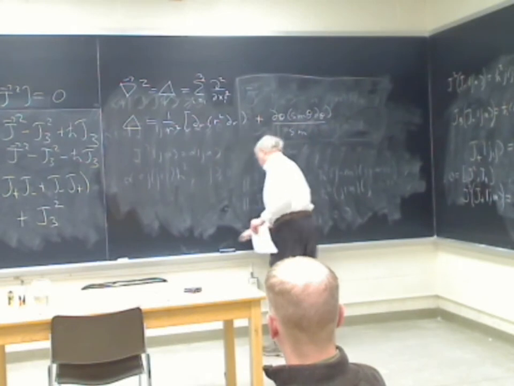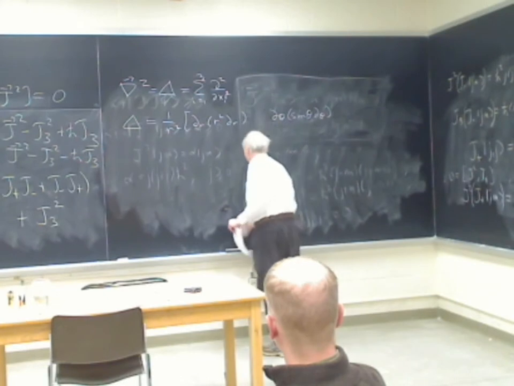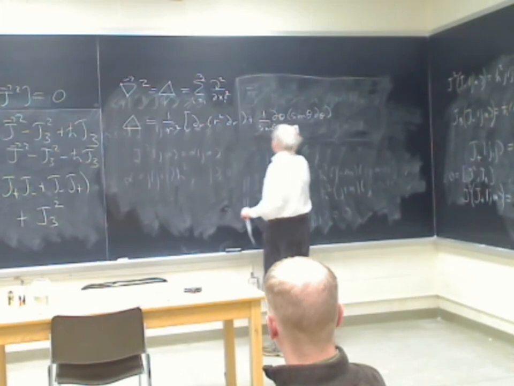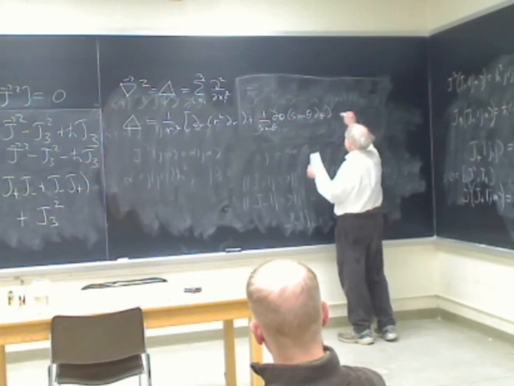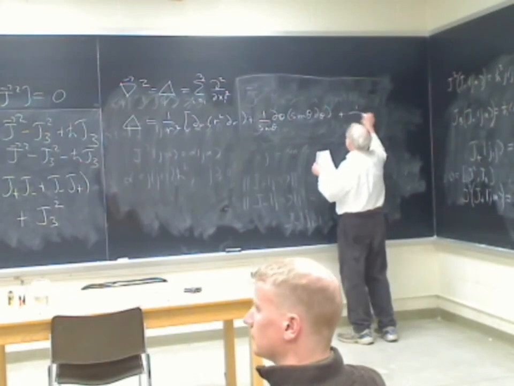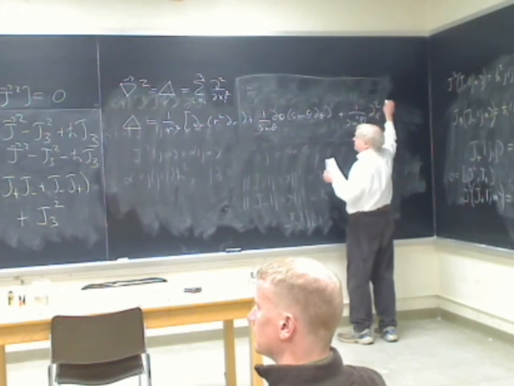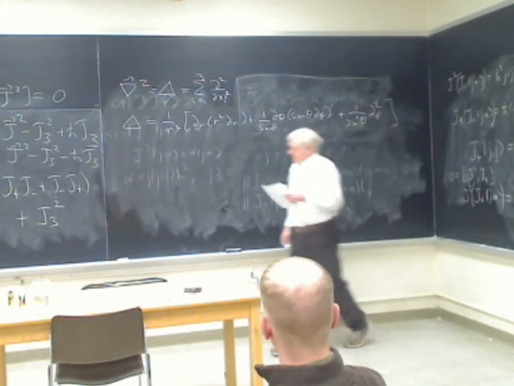I should have written this a little bit differently. Let me put the plus 1 over sine theta, so this sine theta is to the left of all the d by d thetas. And then plus 1 over sine squared theta, d squared by d phi squared. So that's what the expression is.